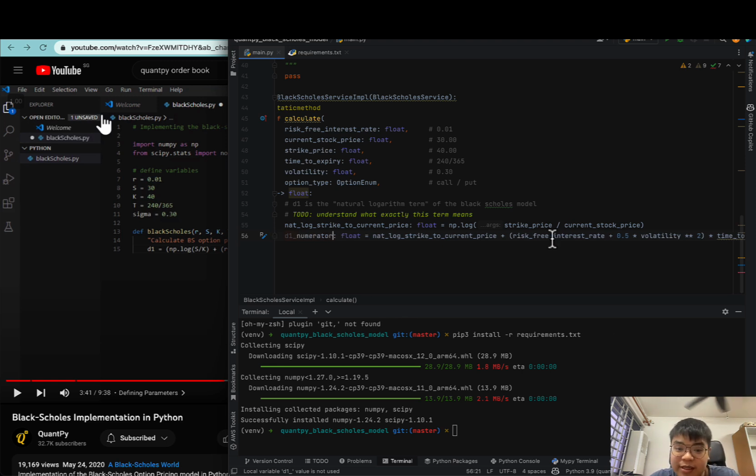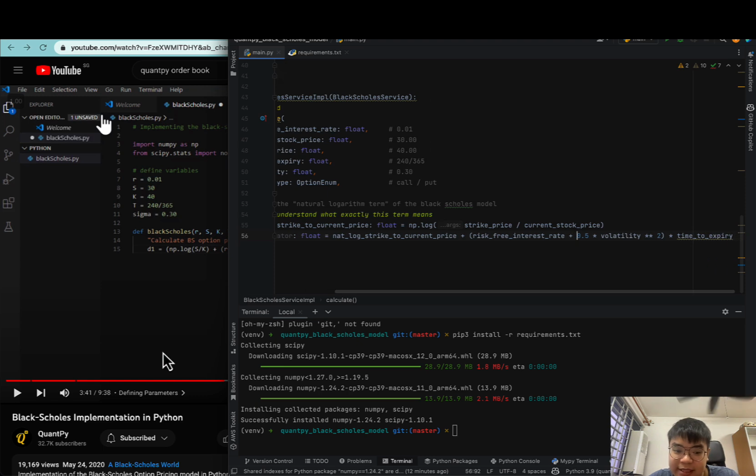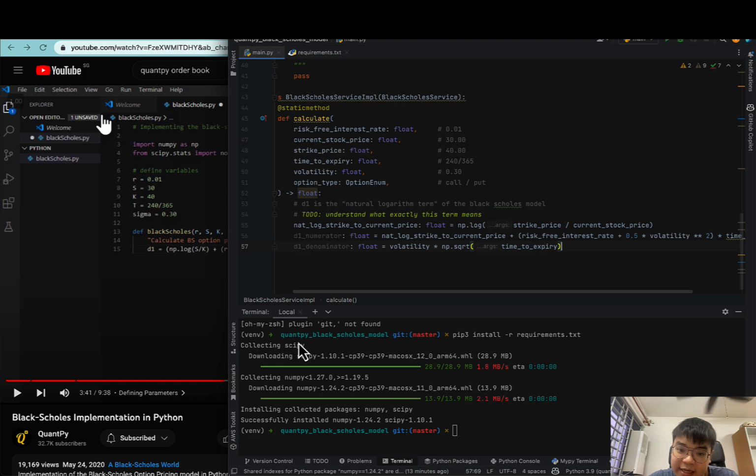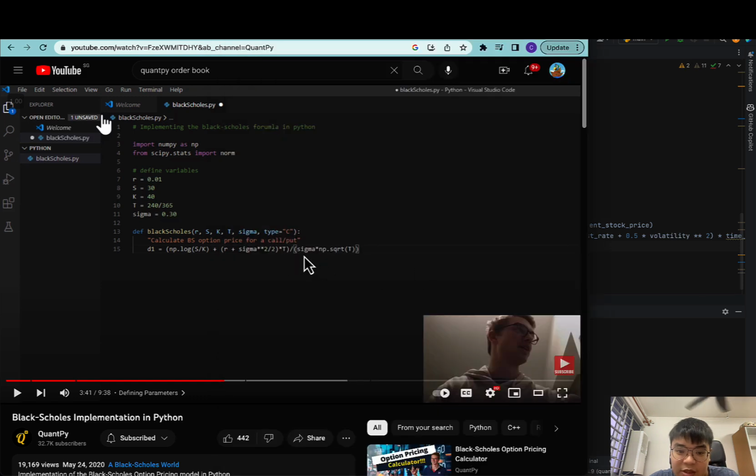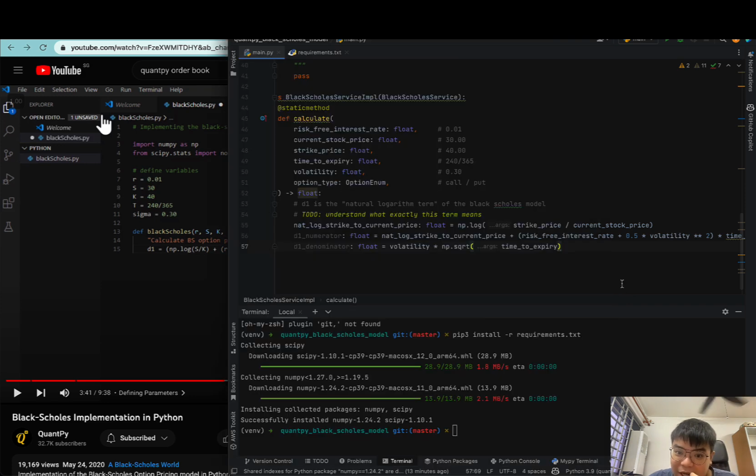So this is a numerator term. I'm going to abstract it separately, otherwise it gets a little bit too hard to understand. So in this case, the denominator is the volatility multiplied by the square root of time to expiry. Okay, let's accept that for now first.